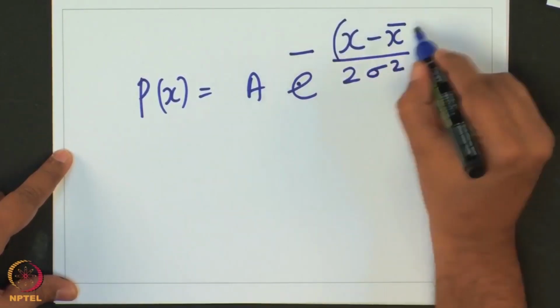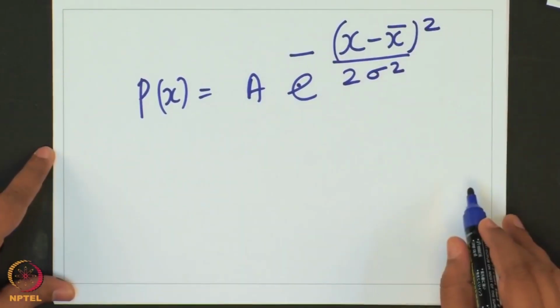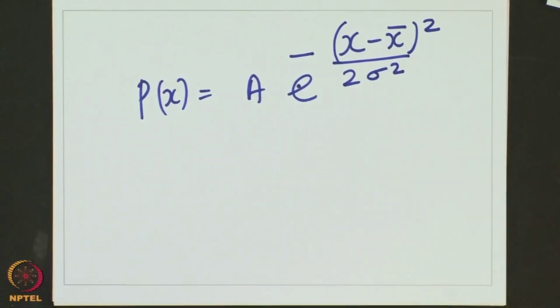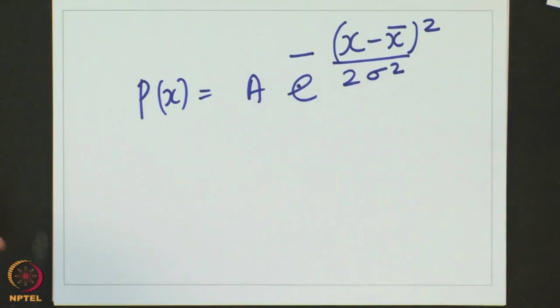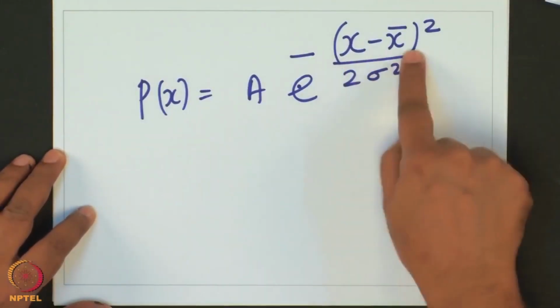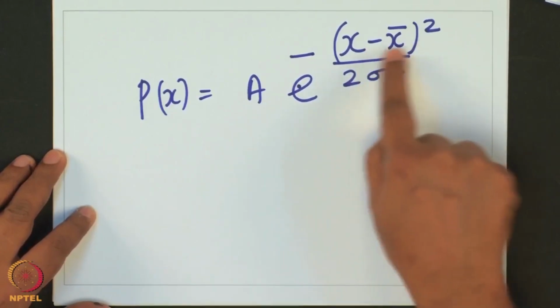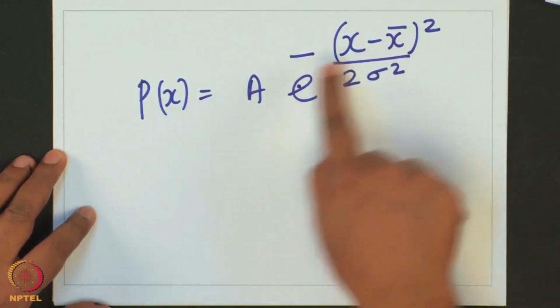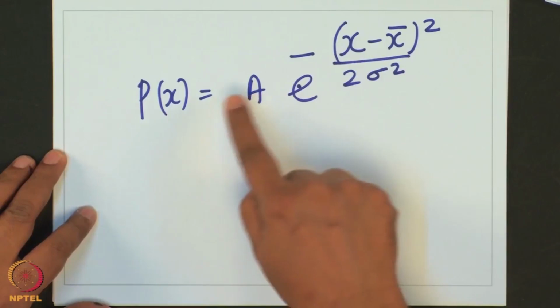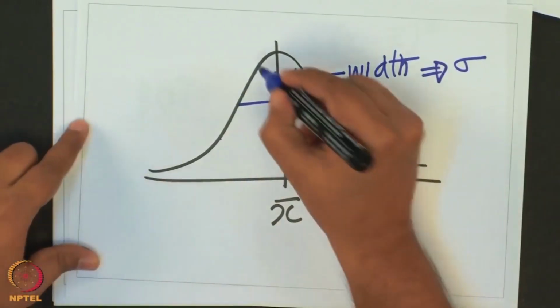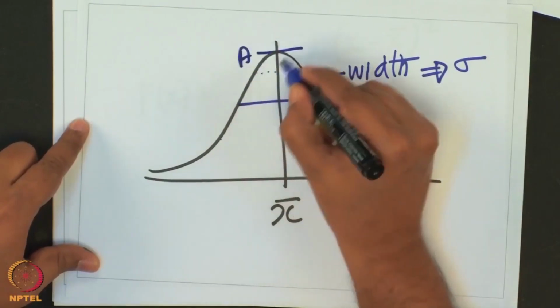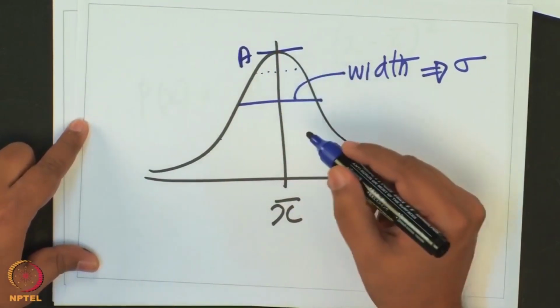This is my normal distribution function. Now, if I measure the width at half of its peak, of course, when x equal to x bar, this is 0, e power 0 is 1, and P of x will be a. So when x equal to x bar, this is my a.